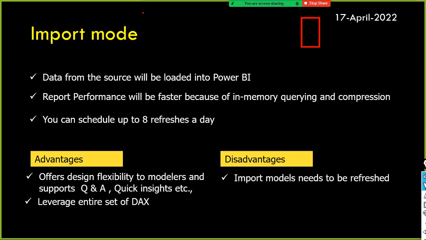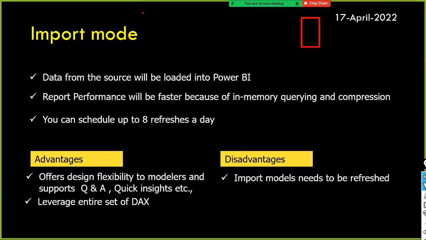And the disadvantage: import models need to be refreshed. What do I mean by refresh here? Let's say you imported the DimProduct table from SQL Server into your Power BI Desktop locally. On the source system, somebody is inserting some data.